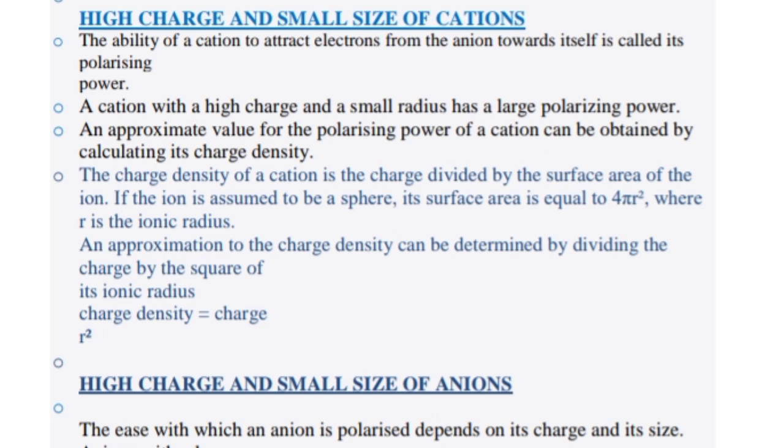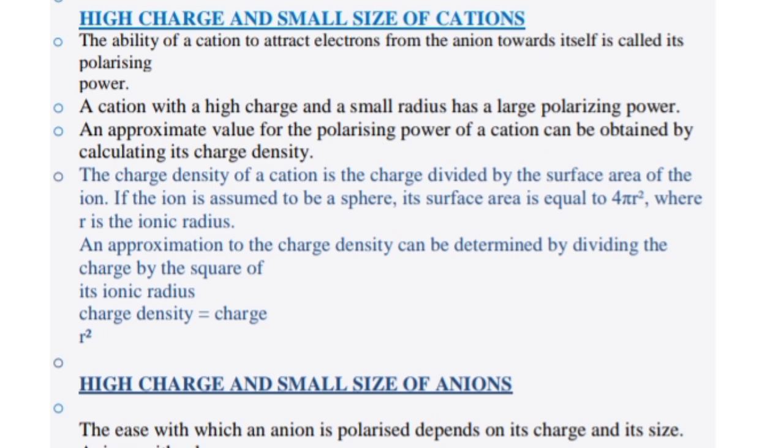An approximate value for the polarizing power of a cation can be obtained by calculating its charge density. The charge density of a cation is the charge divided by the surface area of the ion. Simply, you take the charge and divide it by the surface area of the cation.